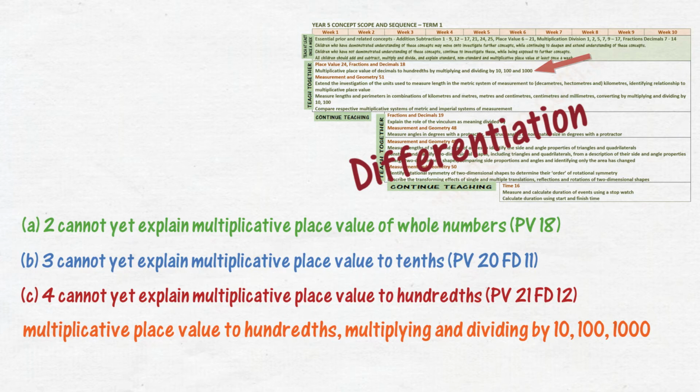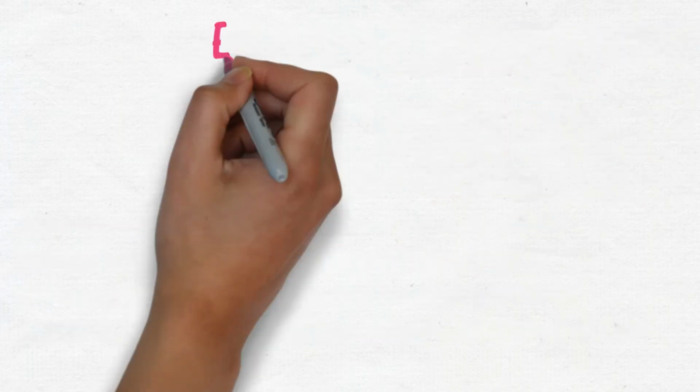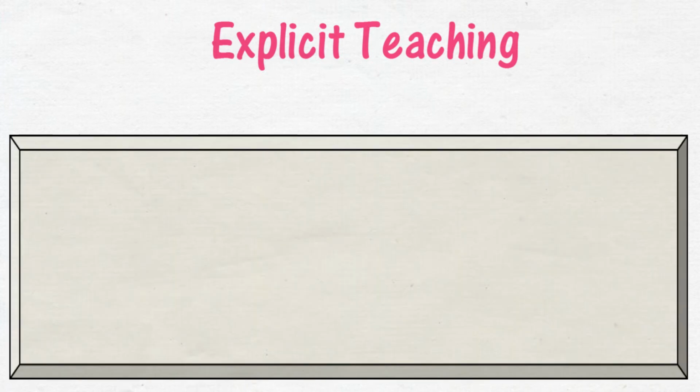What does differentiation using these sample levels of understanding look like? The explicit teaching segment of the lesson covers the levels of concepts that students will be investigating. Begin the explicit teaching using questioning at the lowest level of understanding, then proceed through other levels. Using a different colour for each level allows students to identify and name their level by colour.